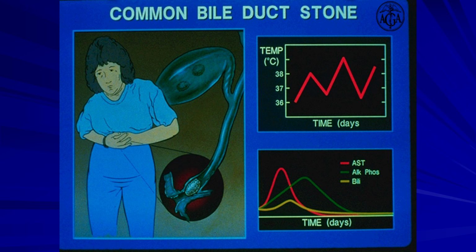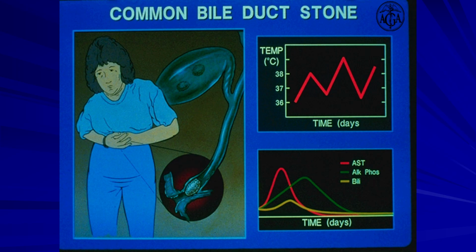This slide explains what happens when you have sudden obstruction of the common bile duct by a stone. You get what we call a biliary colic with severe upper abdominal pain, vomiting, and a sudden increase in transaminases because of acute increase in intrahepatic pressure, resulting in massive release of transaminases into the circulation.